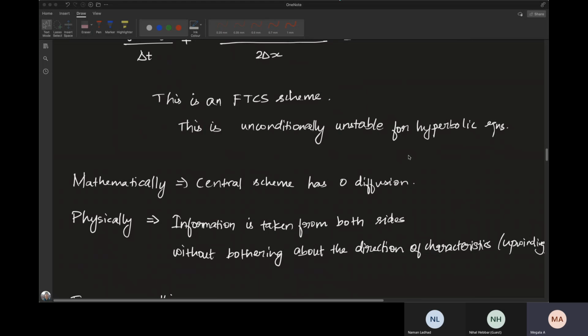Hyperbolic PDEs are evolving in some specific direction, whereas when we do central differencing, we are taking information from both sides, which is not physical because the solution is evolving in just one direction, either to the right or to the left, depending on the slope of your characteristics. But here we are not considering that, and we are just taking an average of both left and right states. That is why it's not working.